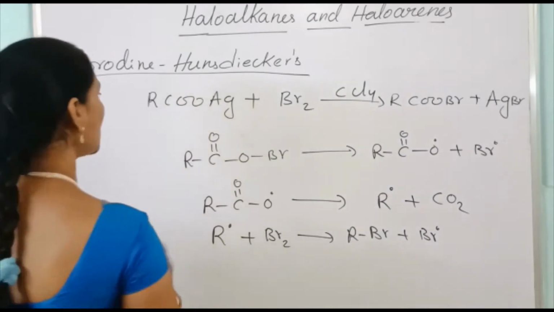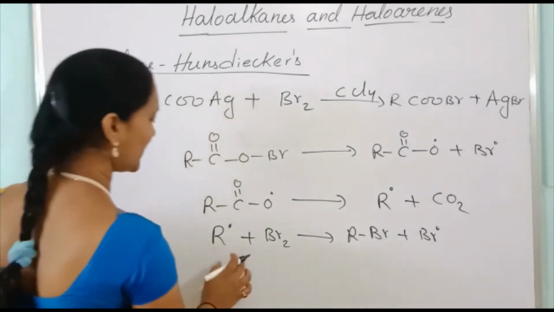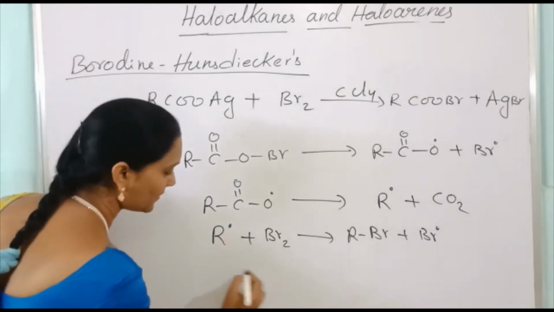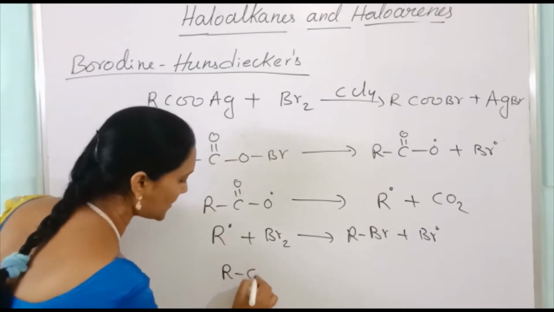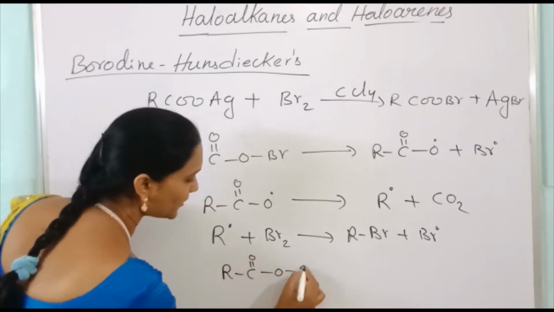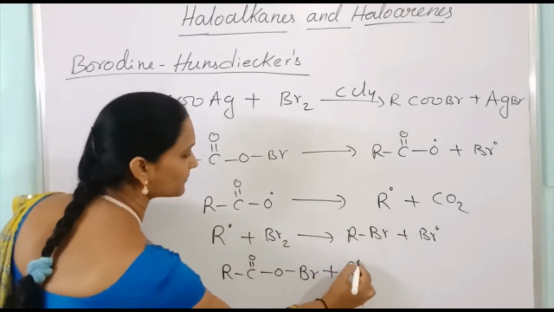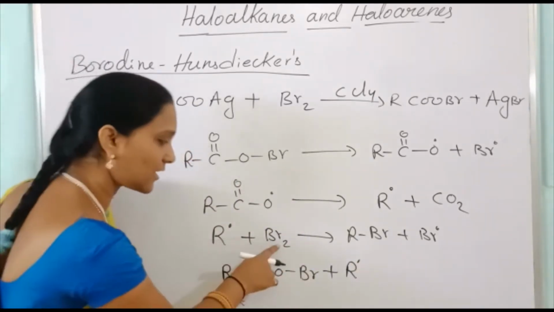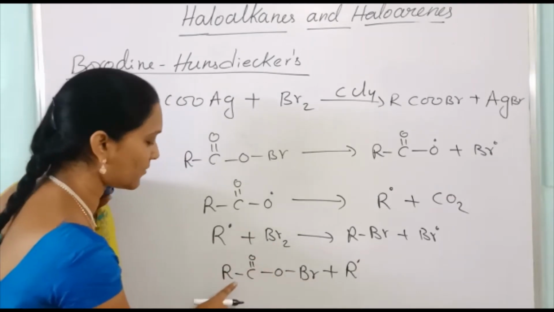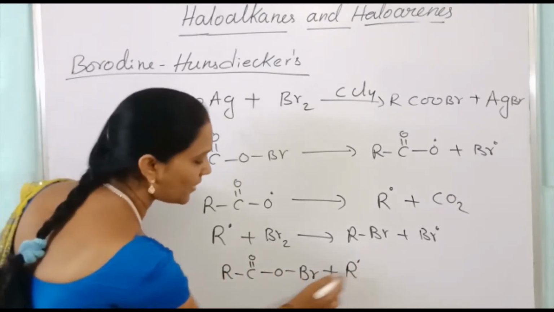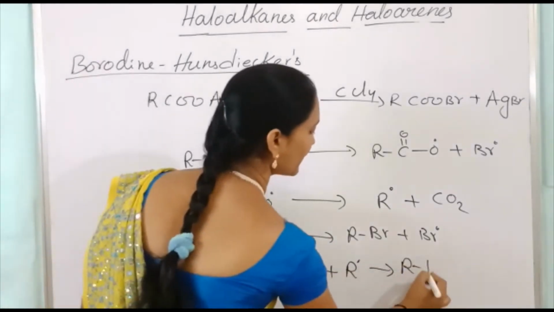Again a bromine free radical forms, or this reaction like this also takes place. In the next step, the R free radical combines with bromine of RCOOBr, giving RBr.